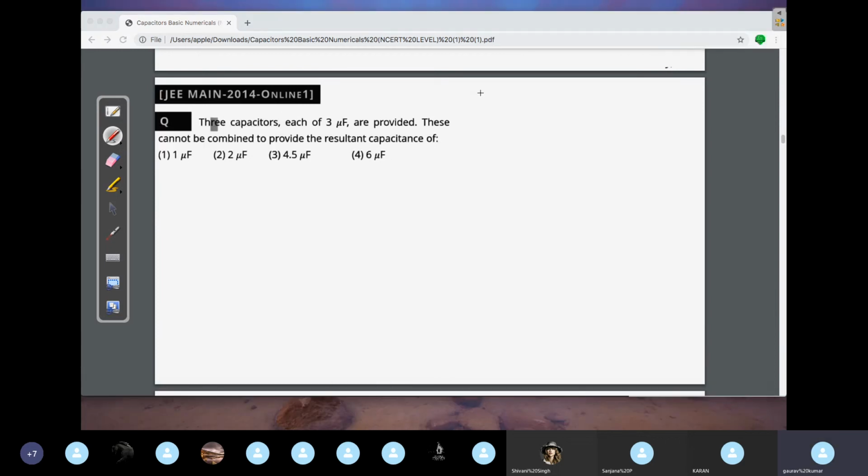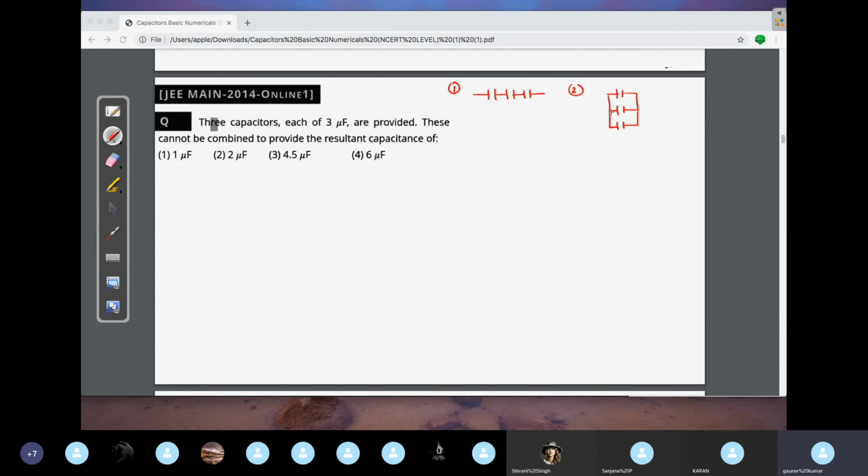Whenever you have 3 capacitors, what are the possible combinations you have here? Either you can join them in series like this, possibility number 1. Second possibility, you can join them in parallel like this. Same questions can be asked with respect to resistors also.